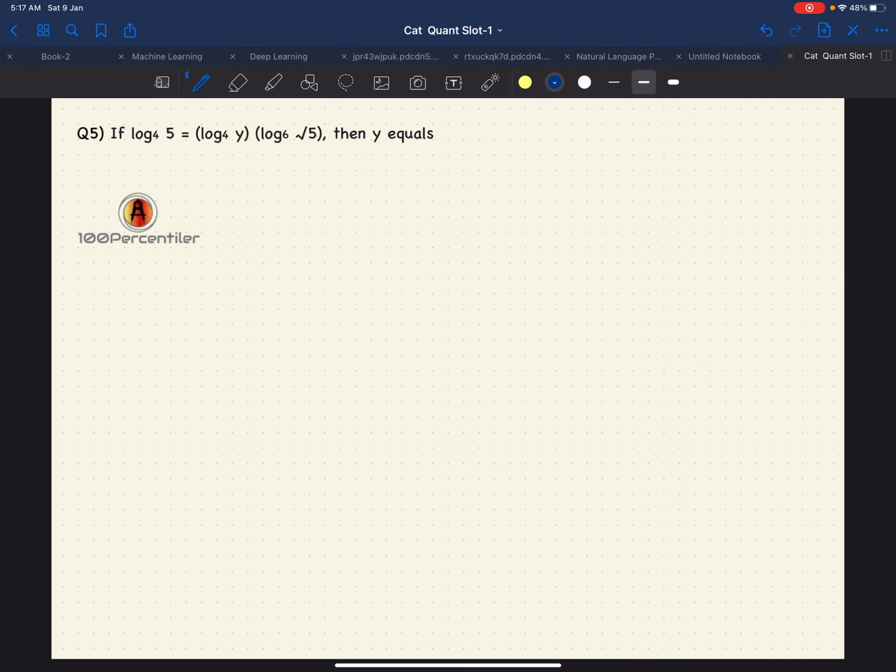Okay, so looking at the fifth question, this is on logs. So we are given that log of 5 to the base 4 is equal to log of y to the base 4 multiplied by log of root 5 to the base 6, and we have to find y. Now here we'll be using the property log of x to the base y is nothing but log of x upon log of y, both to the base of some common base.